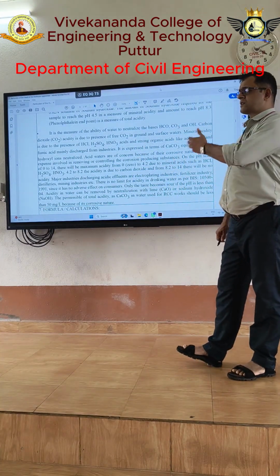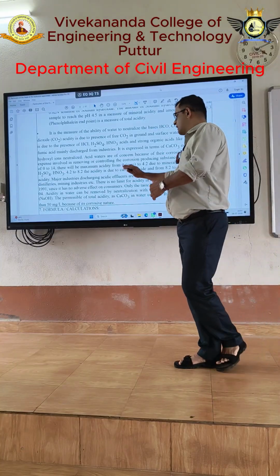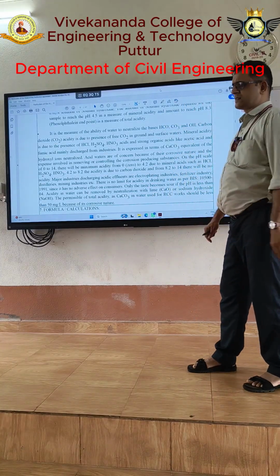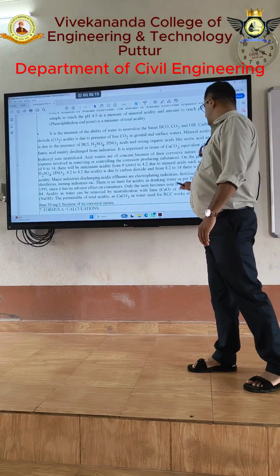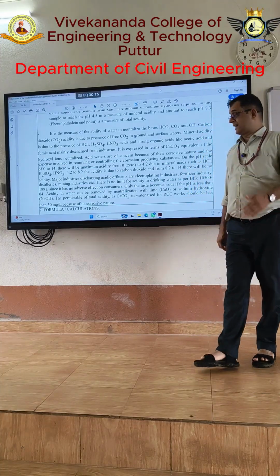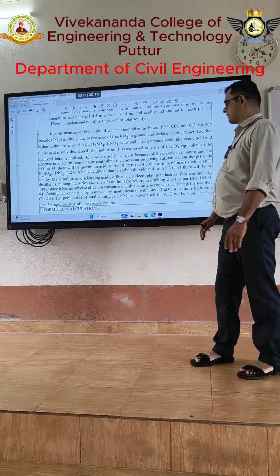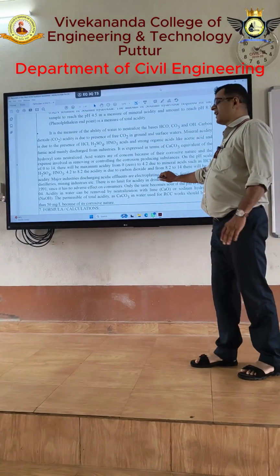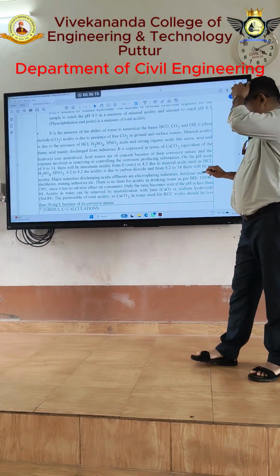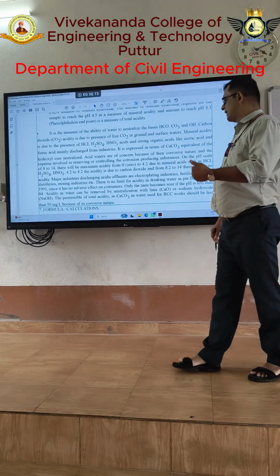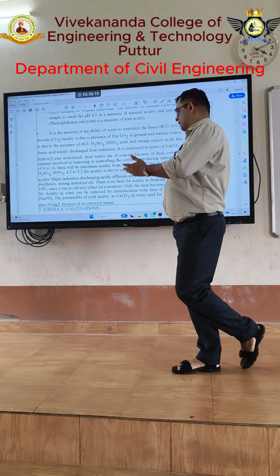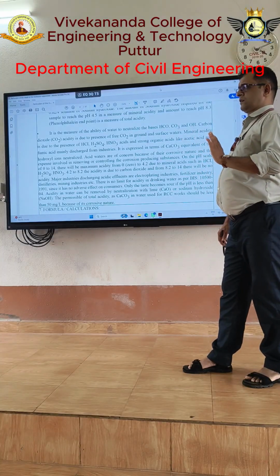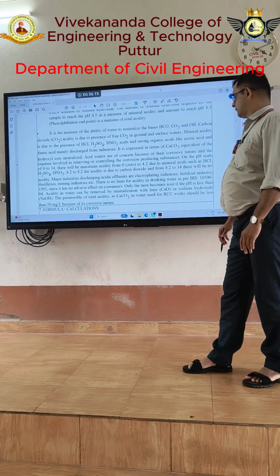So what are the causes of acidity? One thing is discharge of effluent from different industries such as electroplating industries, fertilizer industries, distilleries, mining industries, etc. There is no limit for drinking water, but as per Indian standards, acidity should be low for drinking, right?